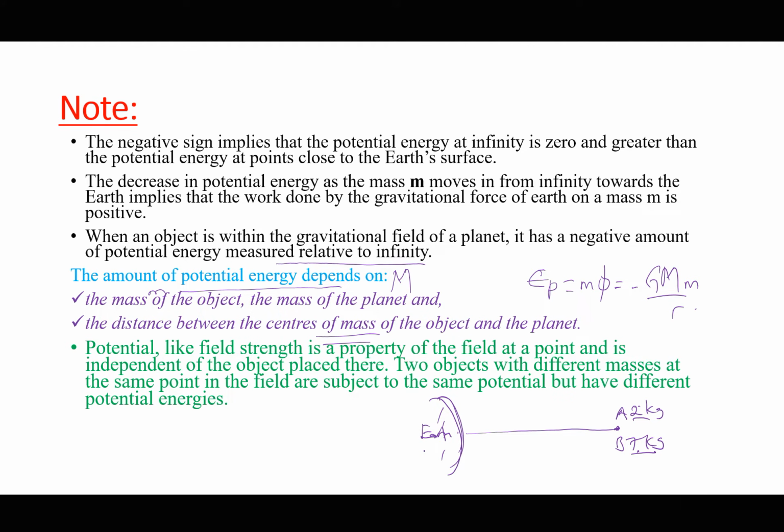Potential is the same, but potential energy is depending on their masses. So potential energy will be different. So two objects will have the same potential if they are at the same point, but they will not have the same potential energy because potential energy depends on their mass, but potential does not depend on their mass.